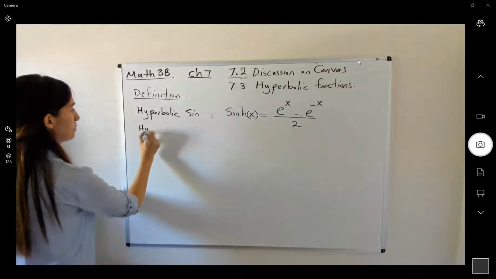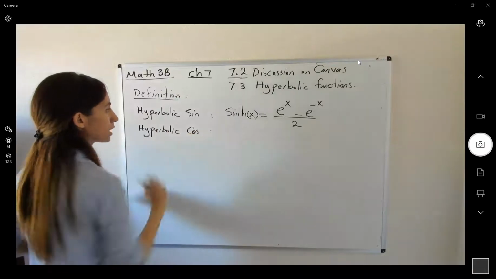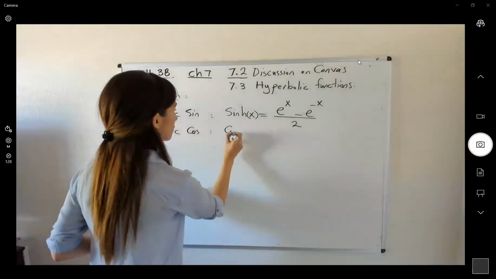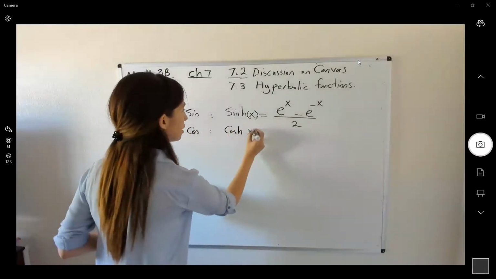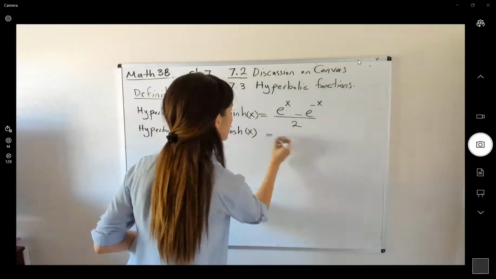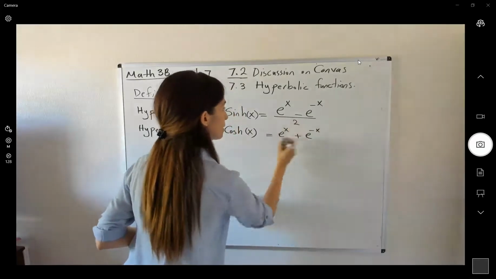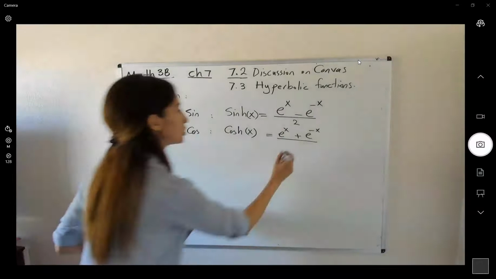Hyperbolic cosine is defined this way: cosine hyperbolic applied to variable x is e to the x plus e to minus x, divided by 2.